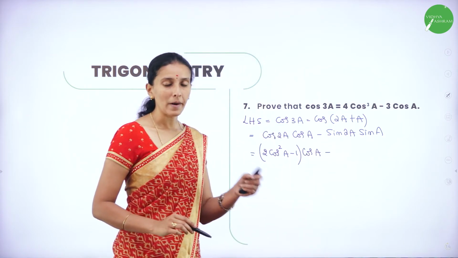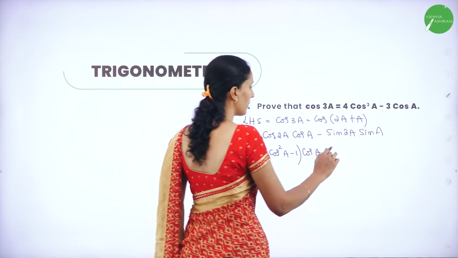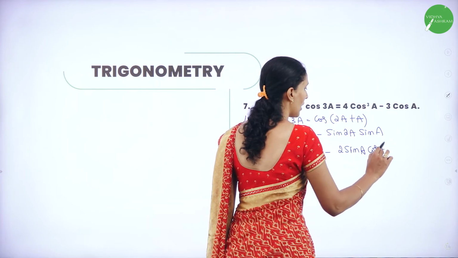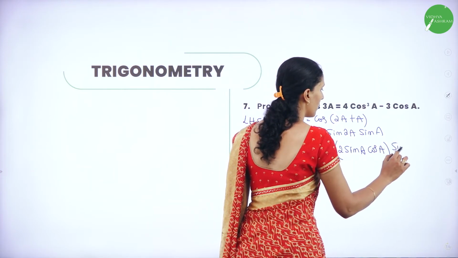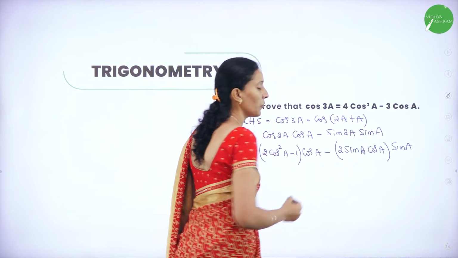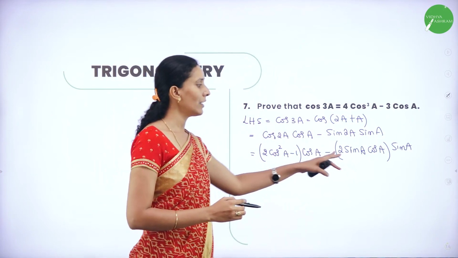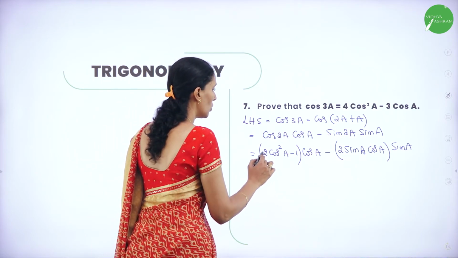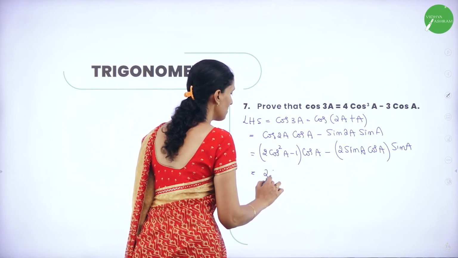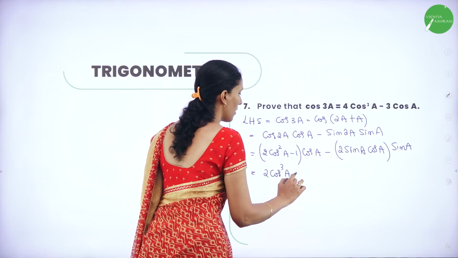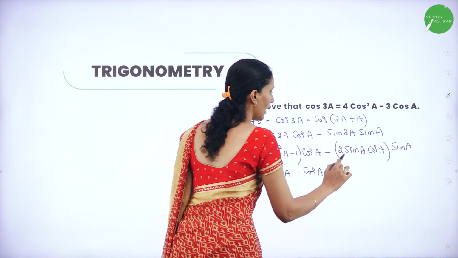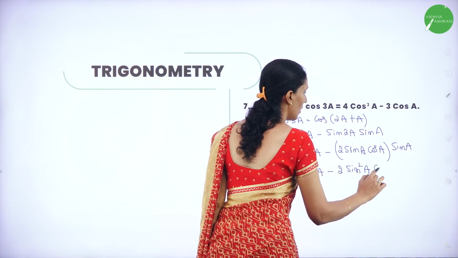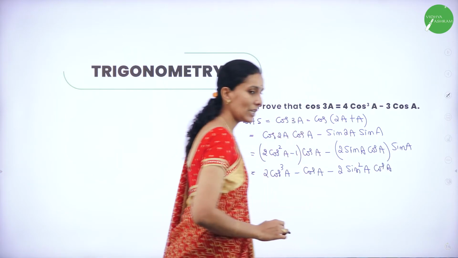Sin 2A is also multiple angle whose value can be written as 2 sin A cos A, and outside here we have sin A. Remember, in the right hand side you have only the cos value. So anything you should replace it by cos value only. So then next, 2 cos square A into cos A becomes 2 cos cube A minus cos A. Next here you have 2 sin square A into cos A, because sin into sin is sin square.